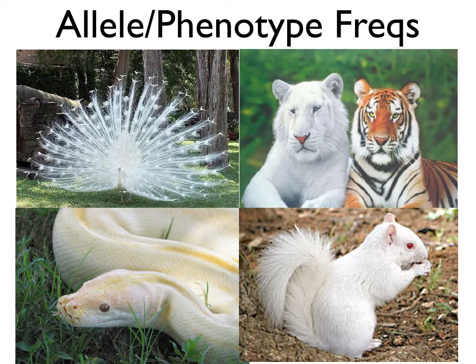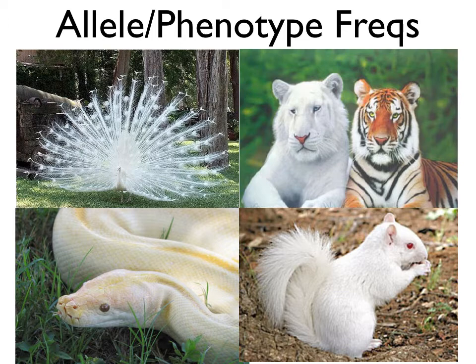We're simply going to talk about the frequency of alleles and phenotypes within a population to begin with. Now here you see an example of albino organisms: a squirrel, a tiger, a peacock, and a python. Each of these individuals that you see, the white ones, has a mutation that reduces or prevents them from producing melanin, so they don't have any dark pigment as you would normally see.